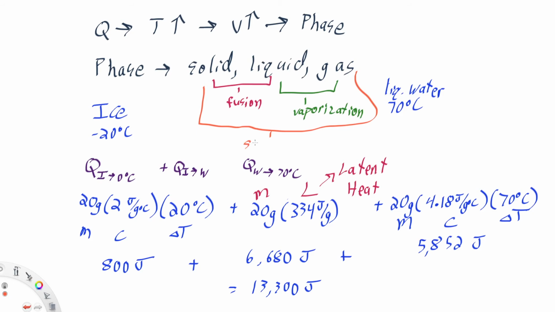You got it. Some materials skip the liquid phase altogether. Like dry ice, which is carbon dioxide. Carbon dioxide will go straight from a solid phase to a gaseous phase at normal pressures and temperatures. You have to compress it pretty hard to liquefy carbon dioxide.